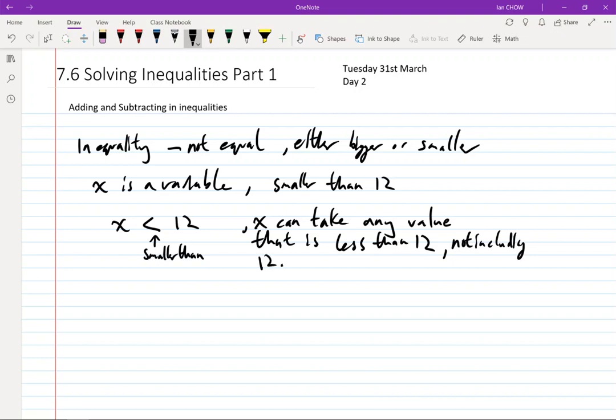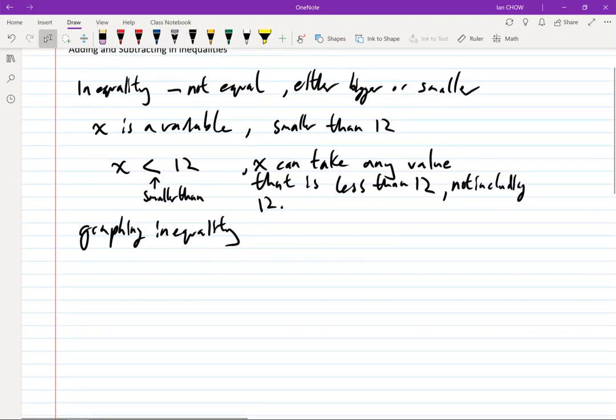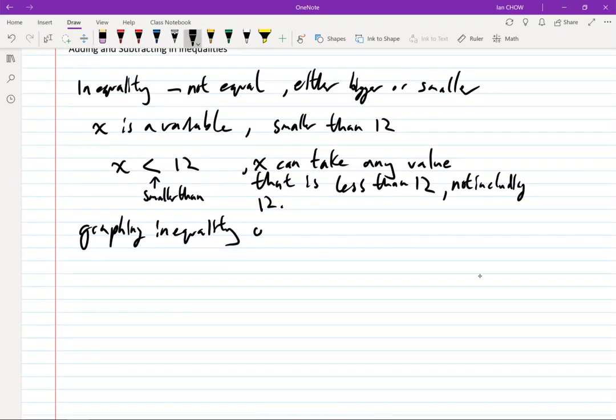We can also graph an inequality. If we have x is less than 12, we can graph the inequality on a number line. I'm going to draw a number line.